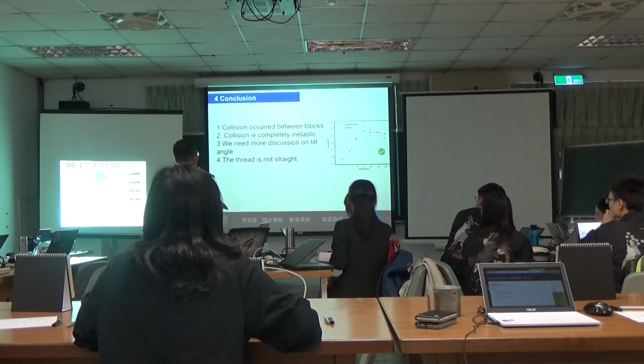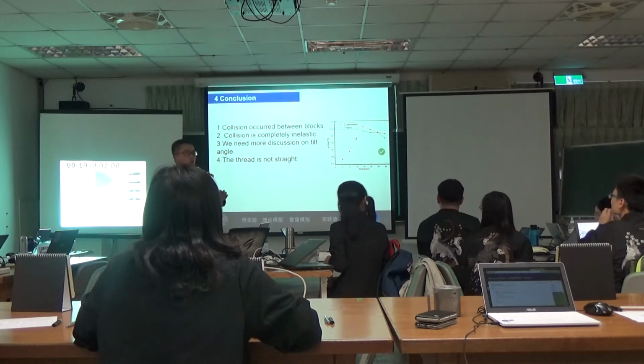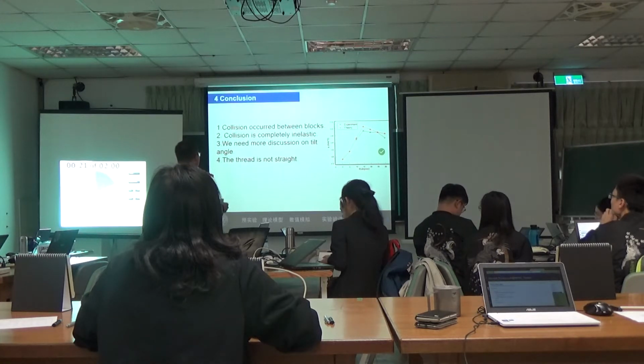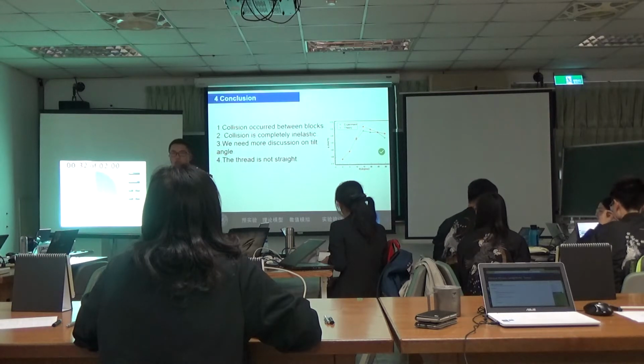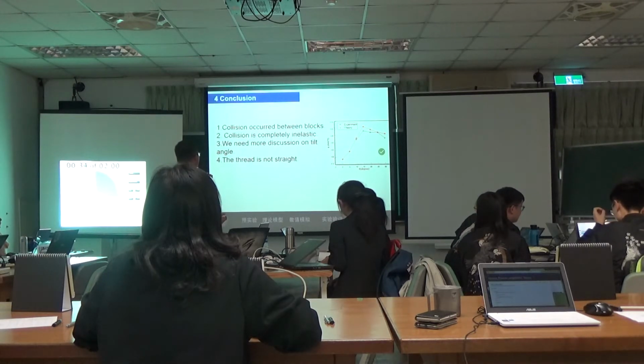First, we just mentioned that the collision occurs between blocks, not only between the block and the surface. Second, the collision is not completely inelastic; it's just an inelastic collision, not considered a completely inelastic collision.